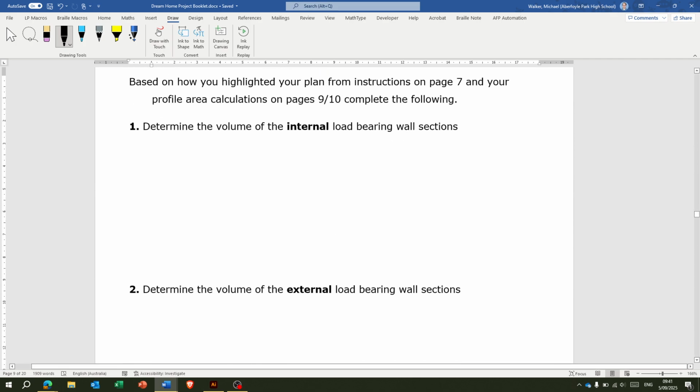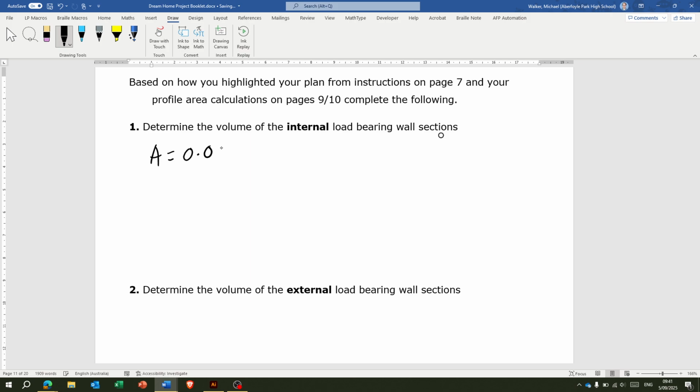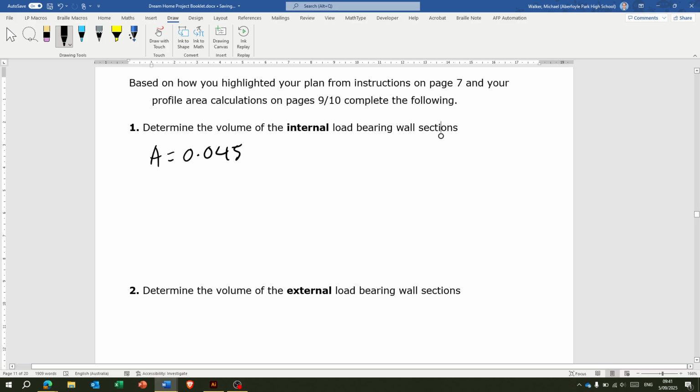So when this question is asking me to determine the internal volume, well, I know that the area of the profile for an internal load-bearing wall is 0.045 meters squared. We found that out on page 9. Now, the volume of any extruded shape is the area of the face of that shape times the length of the shape itself.